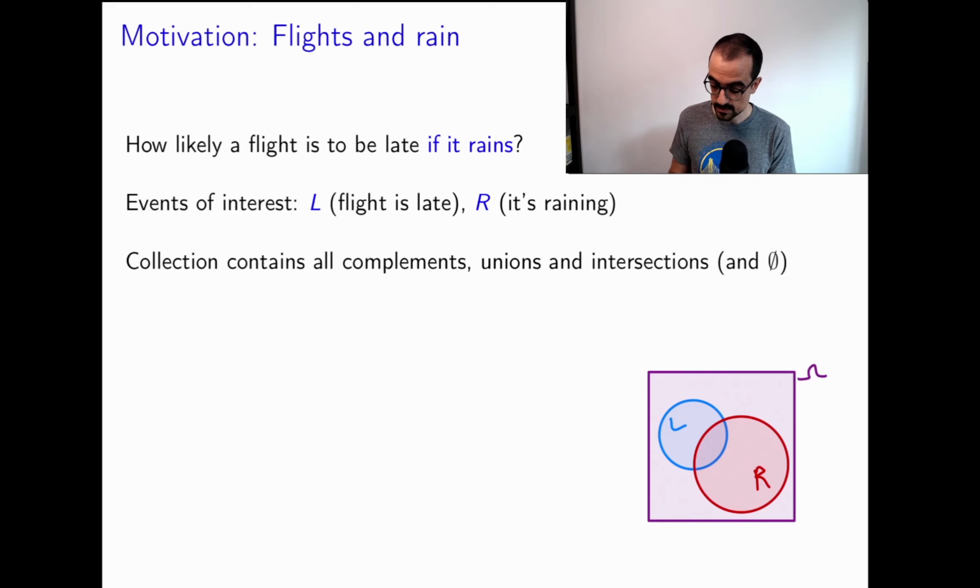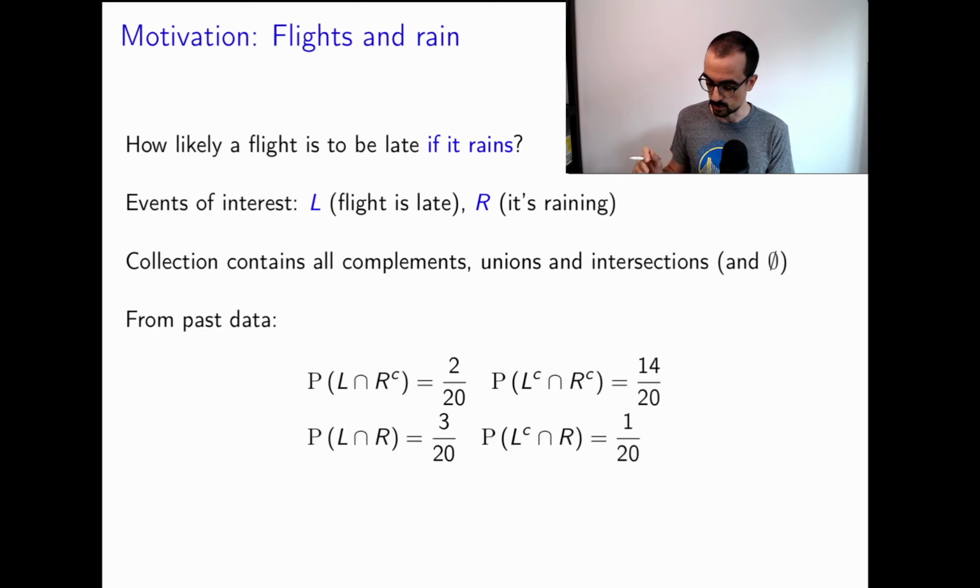So in this case, if you look at this picture that I drew, we probably want to assign probabilities to these small events like the intersection of R and L complement, the intersection of L and R complement, and so on. This will give us a partition that covers the whole sample space and includes the events that we're interested in. Okay, so that's essentially what we're going to do.